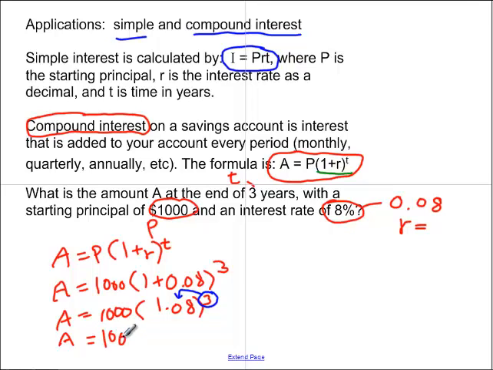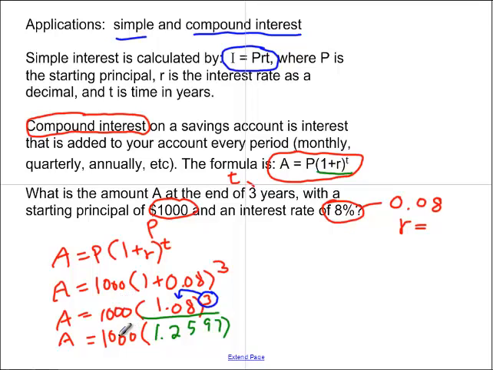I've still got my 1,000 because we haven't changed that at all. 1.08 to the third power. If you're using your calculator, I got 1.2597, etc. And that's what I got for 1.08 to the third power, because the third power acts only on the 1.08, it does not act on the 1,000. We multiply that later on.